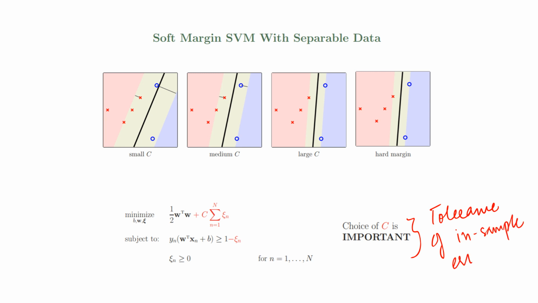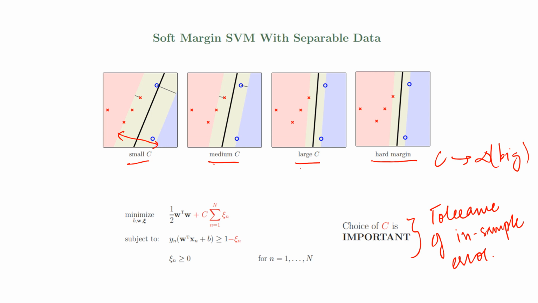in-sample error. All right, and so here's a comparison of a very small C. The thickness is huge, allowing penetration, and then with the increase in the value of C, as you can see, finally with a really big C, if not infinity, you can recover the hard margin, as I said, right?